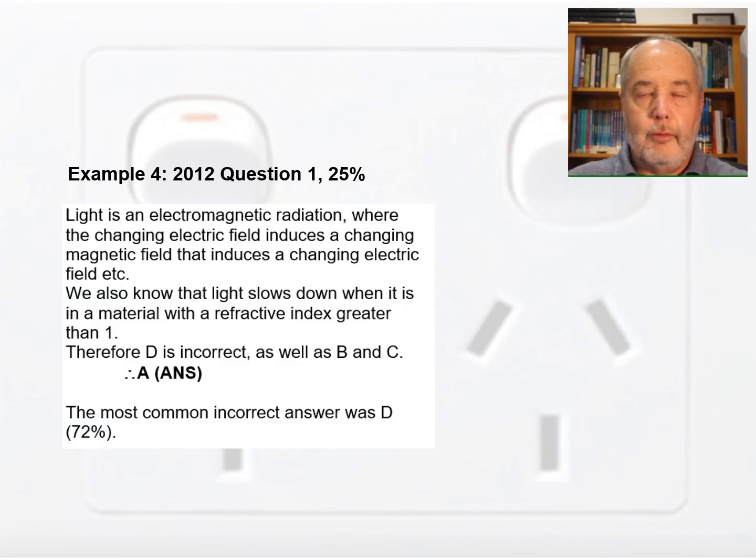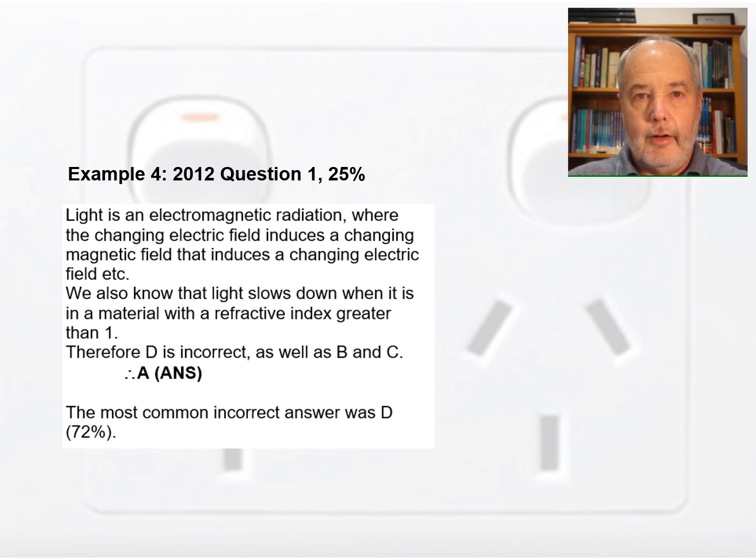This question was poorly done. Only 25% of students got it right. We should have been able to eliminate B and C because we know from general relativity that neither of those are correct. The problem was what was happening with A, and we should also understand that when light travels through a different medium, it slows down.